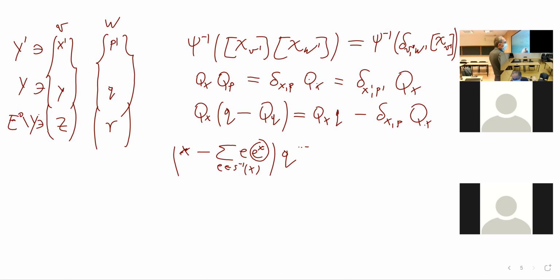This Q either gives me 0 or is absorbed. Okay. So this will give me the same formula, so it will be 0. Maybe I will erase at least this part.